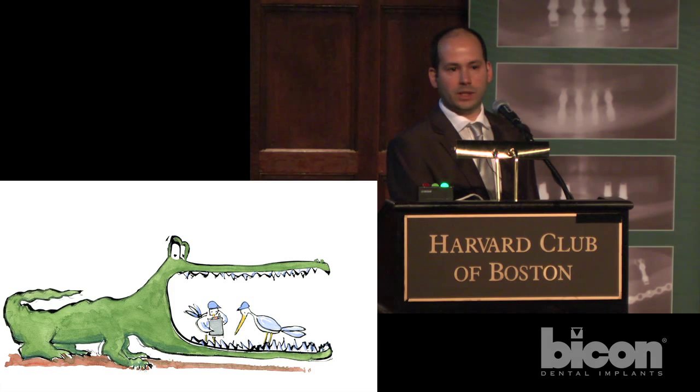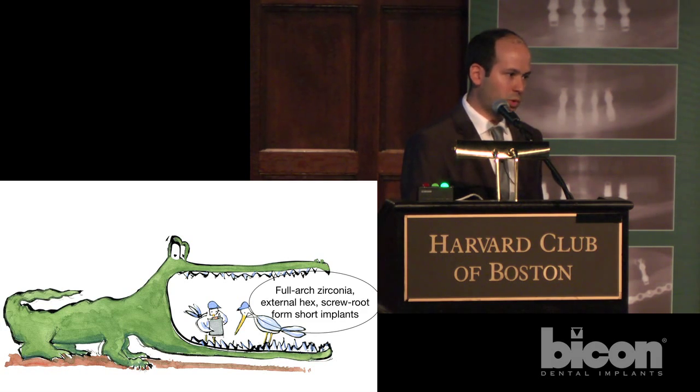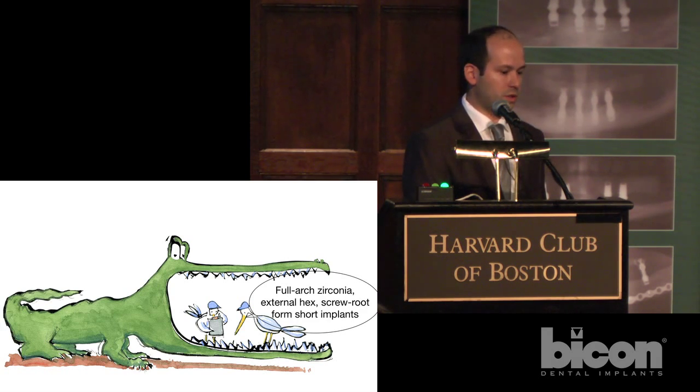So we can have the answers for these questions in terms of performance, and we must acknowledge that every decision that we make in the practice does have a role in the final longevity of the prosthesis. Most of this information is already out there in the literature. And we see that some types of treatment planning, such as, well, let us do a full arch zirconia on an external hex implant, on screw root form short implants.